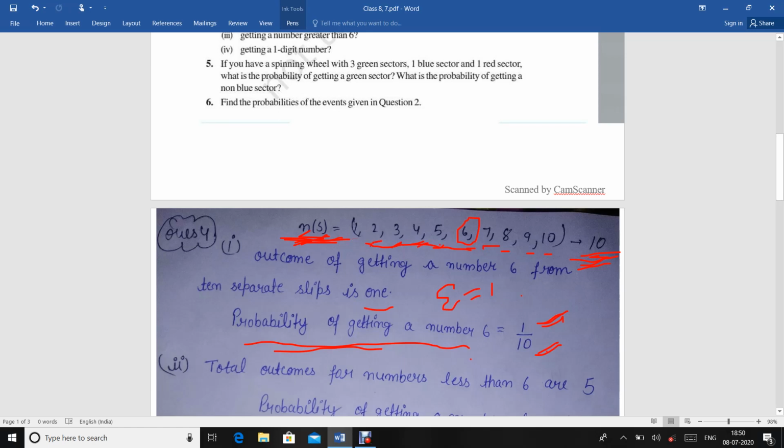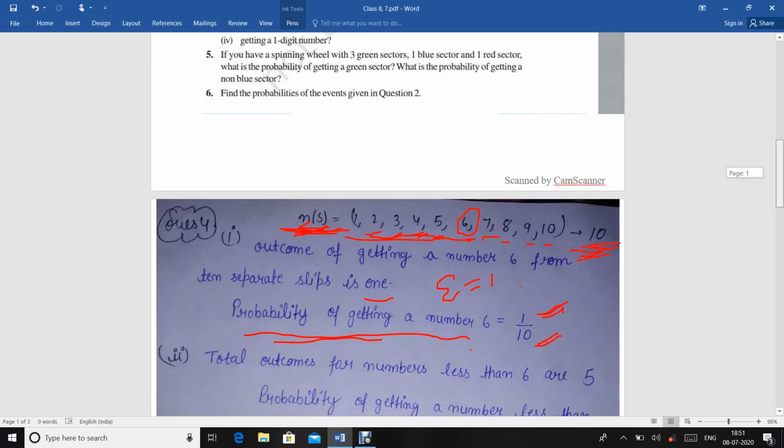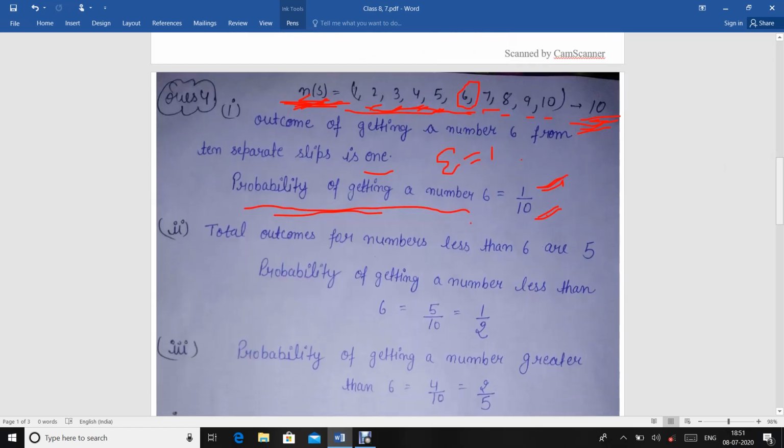These are the numbers which are less than 6, means there are 5 numbers less than 6. So the number of events is equal to 5.